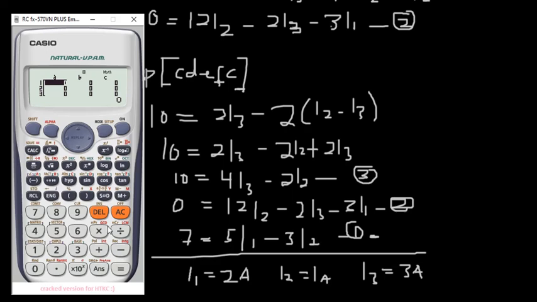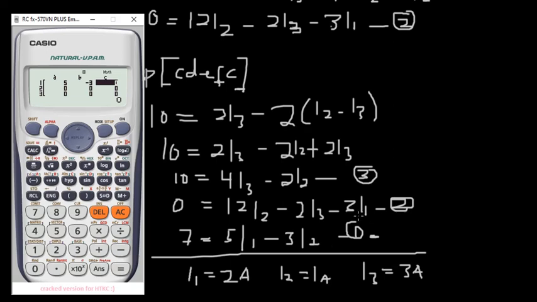So we have 5, then minus 3. We don't have I3 in the first equation, so we'll just use 0.